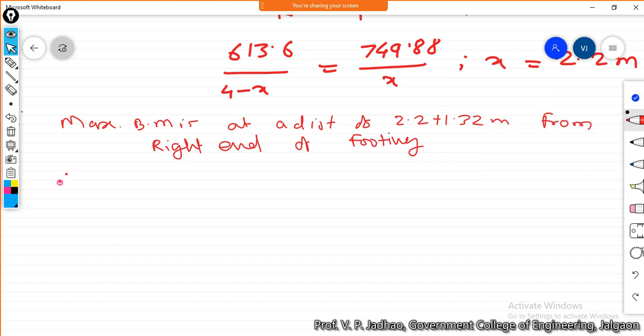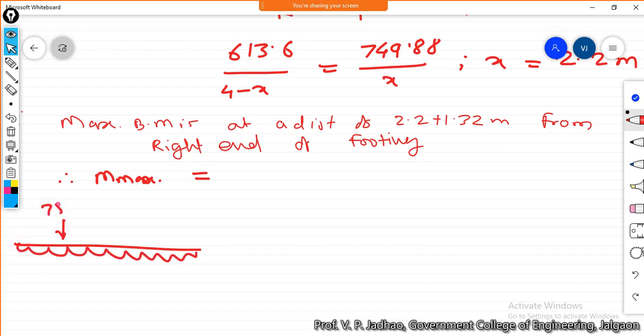Therefore M max, that is maximum bending moment, is equal to, okay, we have our loading diagram like this. Column is here having factored load 750, the second column is here having a factored load of 1200 kilonewton. This distance is 0.4, this distance is 4 meter, this distance is 1.32 meter.